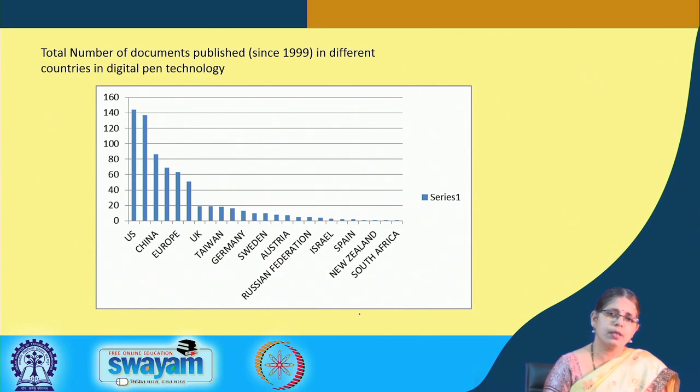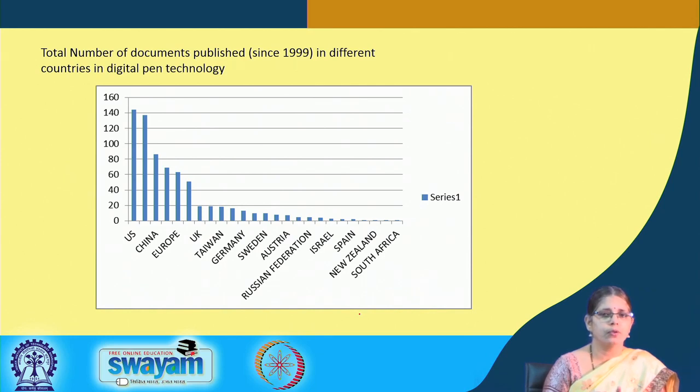So, here in this case you have the US and China, which are closely present in relation to the number of patent documents, which means that there is a lot of development in relation to digital pens in the US and China.